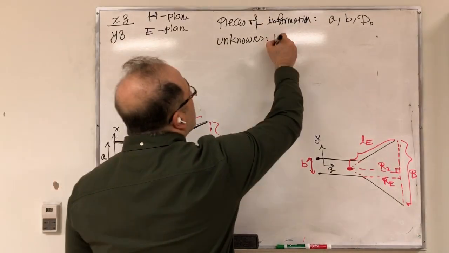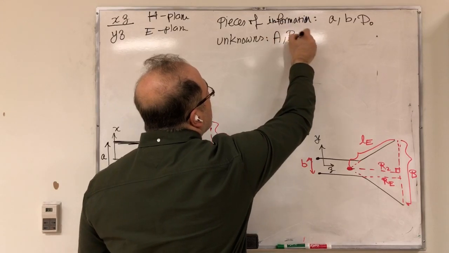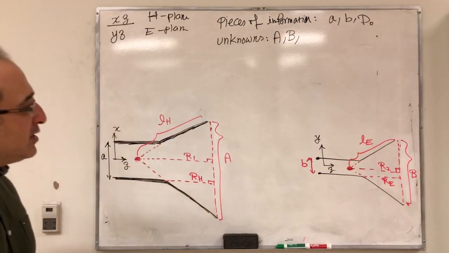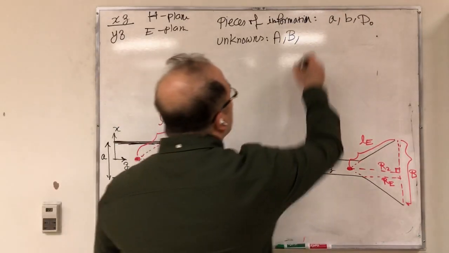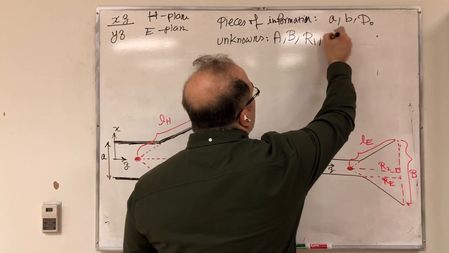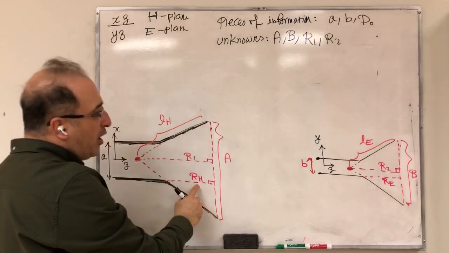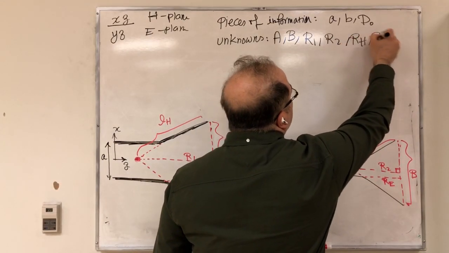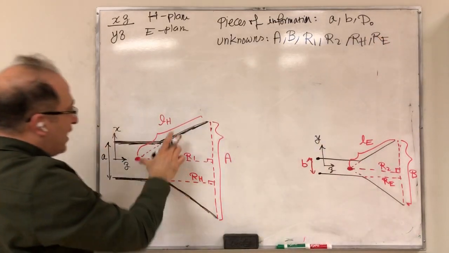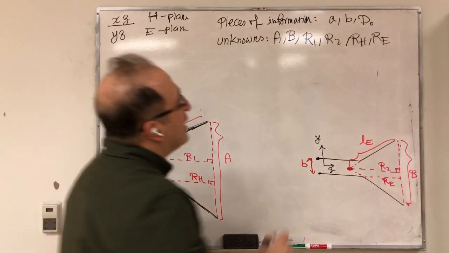That's the aperture size. So these are unknowns. You also have R1 and R2 in terms of geometry to be unknown. You also have RH and RE unknown. You also have LH and LE as your unknowns.